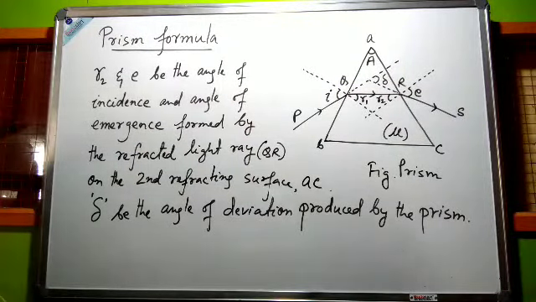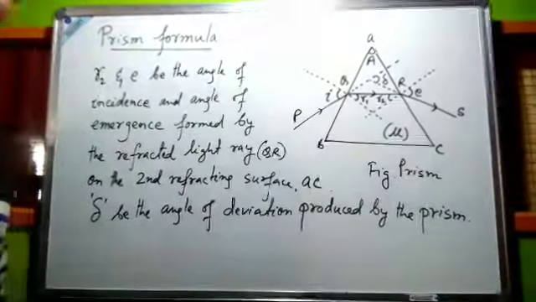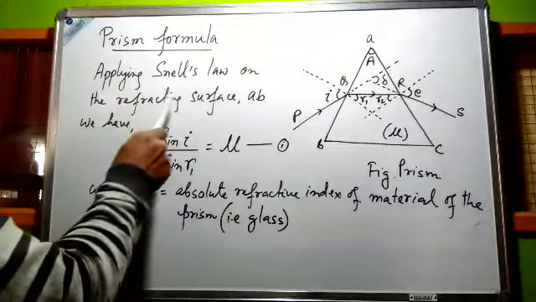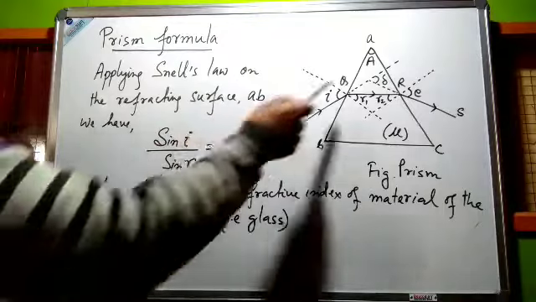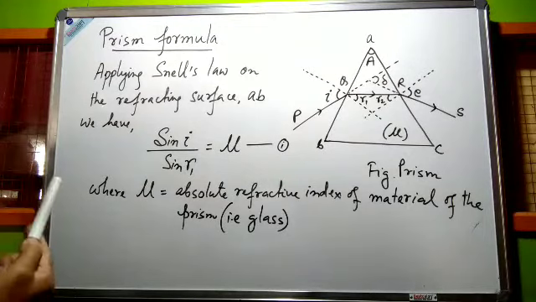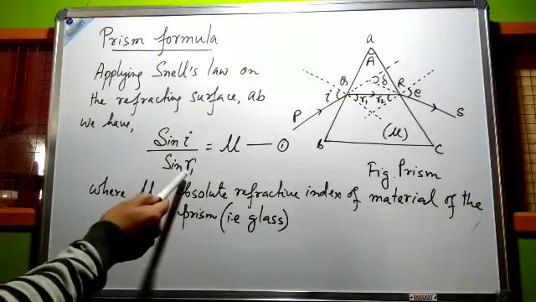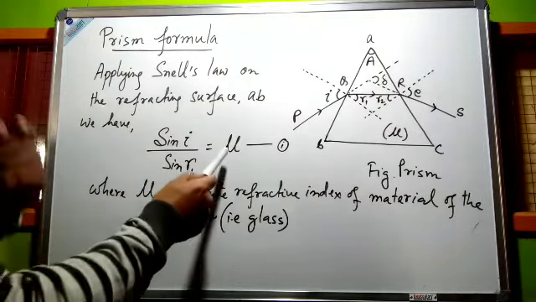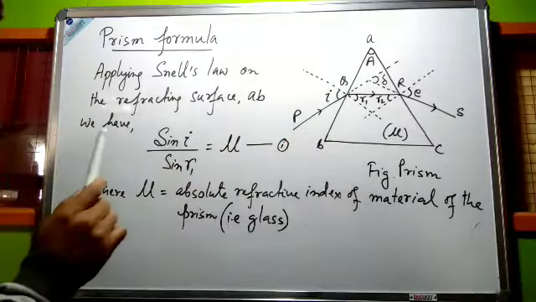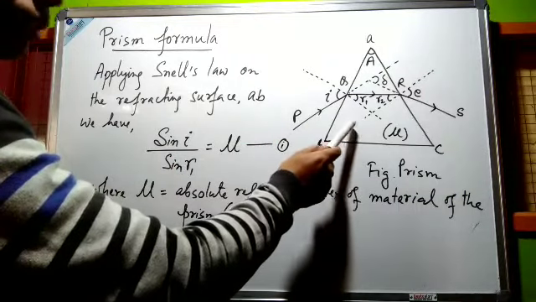Next we have to apply Snell's law on the first refracting surface AB. Applying Snell's law on the refracting surface AB, we have sine of the angle of incidence I divided by sine of the angle of refraction R1 equal to a constant, that is the absolute refractive index of the material of the prism, that is glass.